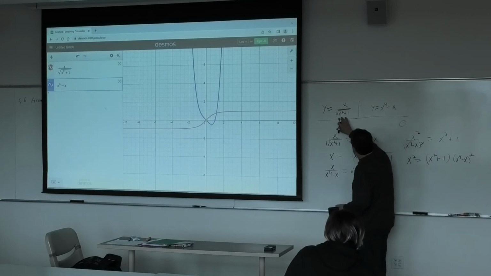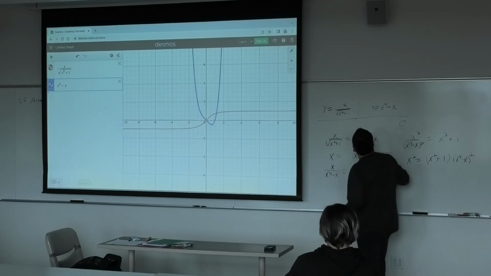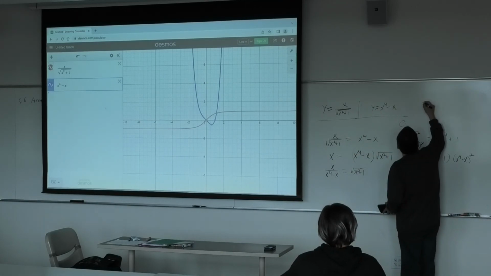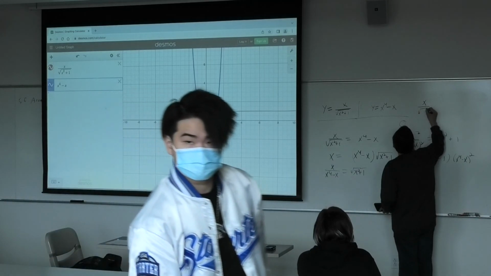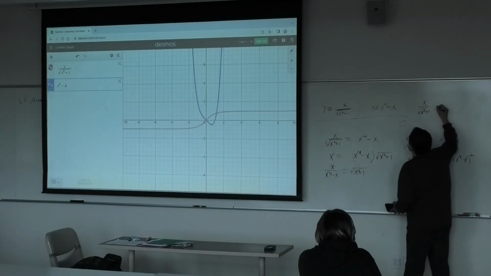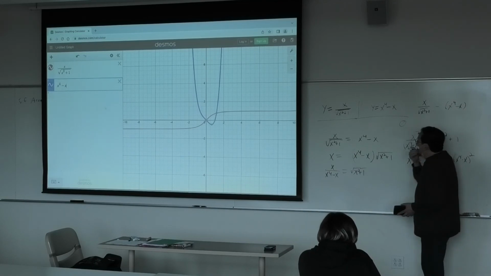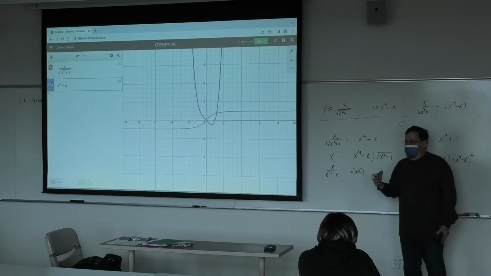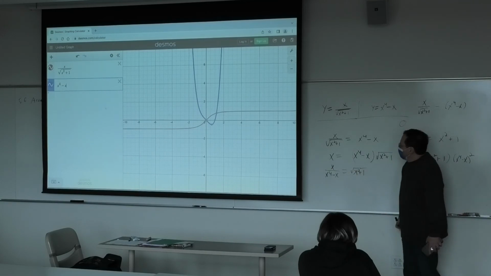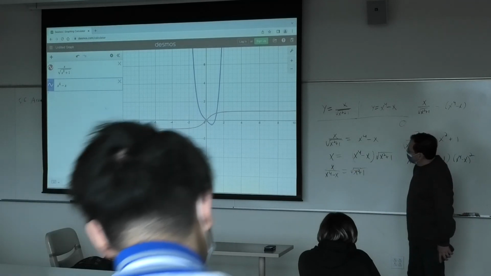You guys are smarter than me. But I can always just find the difference between these two. I could always put in the equation x squared plus 1 minus x to the 4th minus x, and ask for the root, ask for where it's equal to 0. That I can figure out.